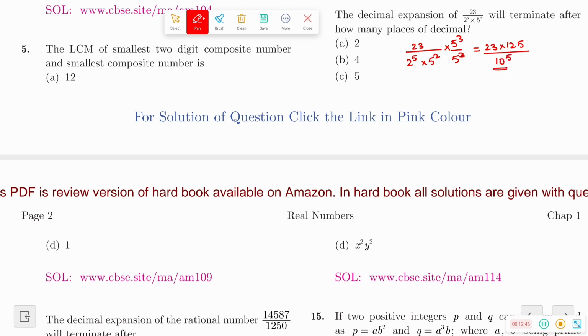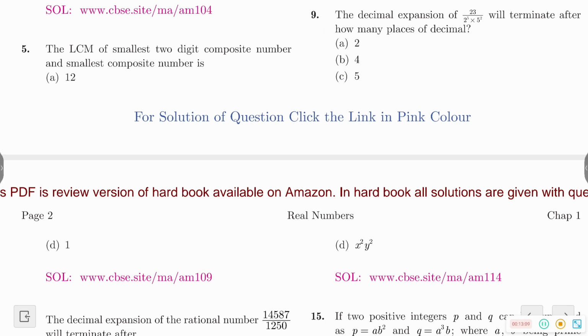Because the denominator is 10 power 5, whatever the numerator may be, it terminates after 5 decimals. Or by seeing the question, if you want to answer immediately, because the highest power is 5, it terminates after 5 decimals. So the option is C. Option C is correct.